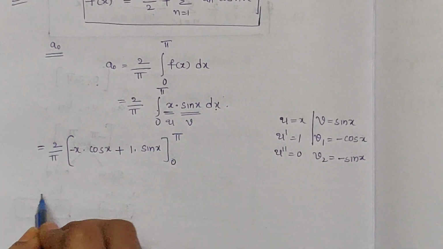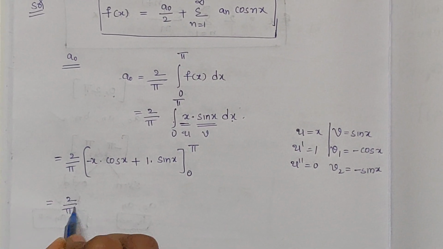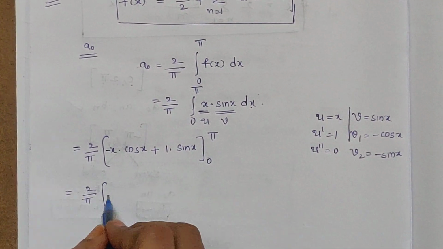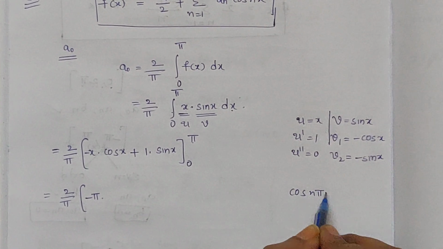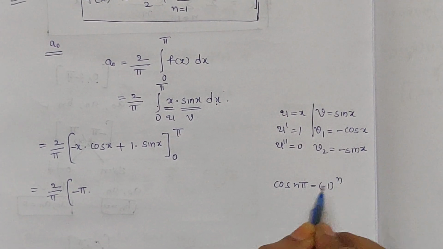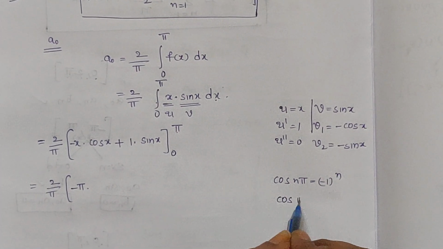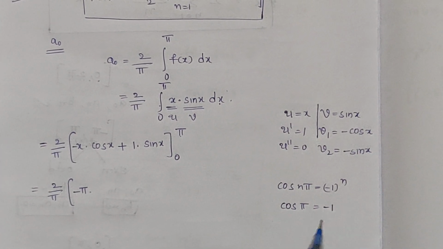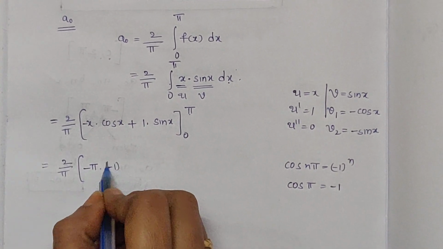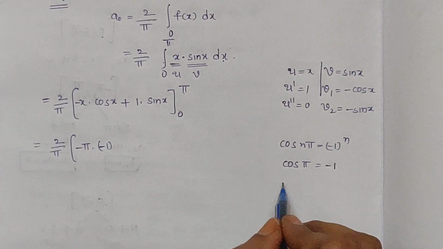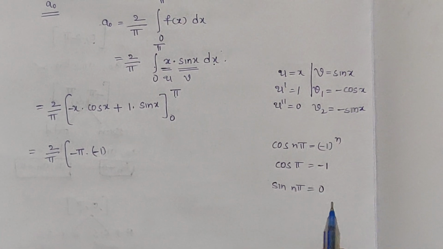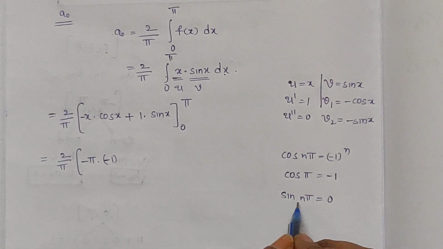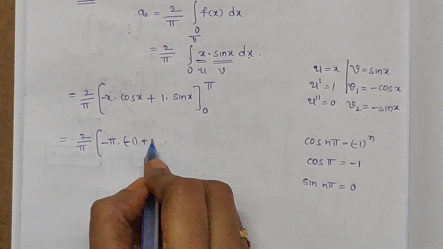Limits 0 to pi. So 2 by pi, by substituting the upper limit minus... we know cos n pi equals minus 1 whole power n. So cos pi means in place of n put 1, that is minus 1. Cos pi is minus 1. Sin n pi equals 0 for n equal to 1, 2, 3 and so on, that means sin pi is 0.